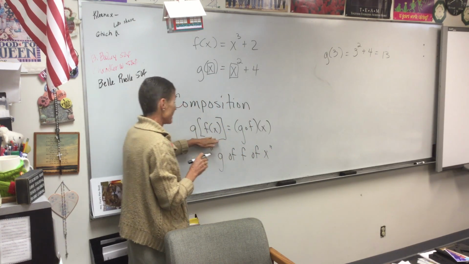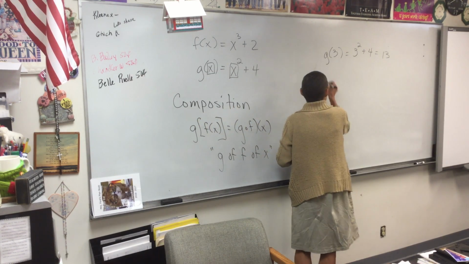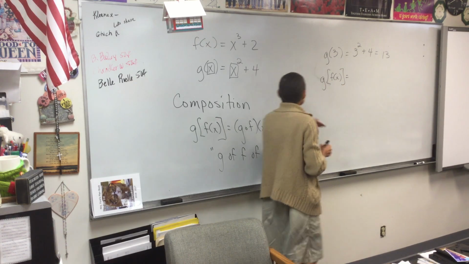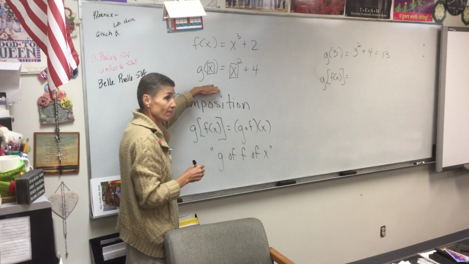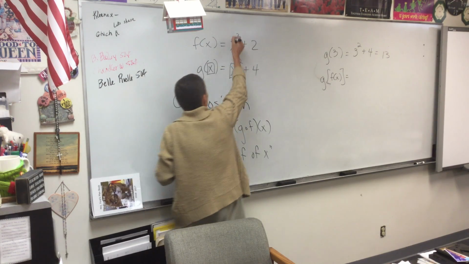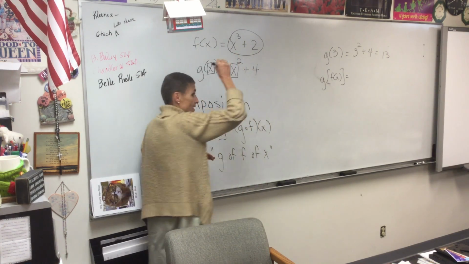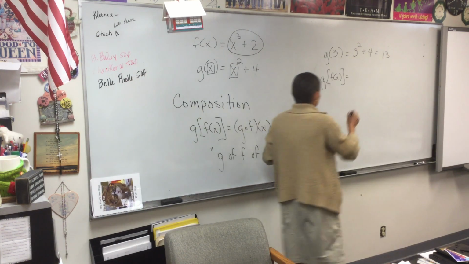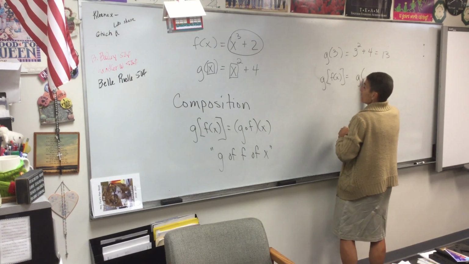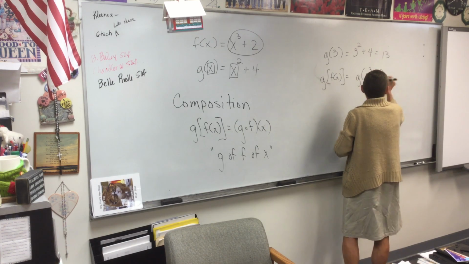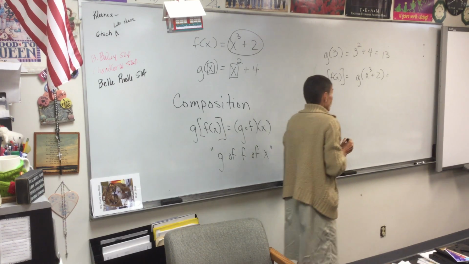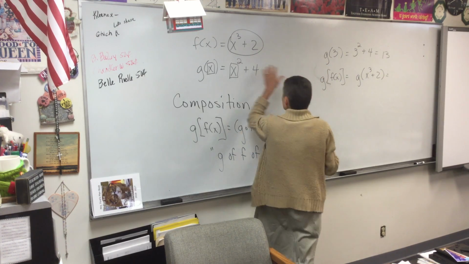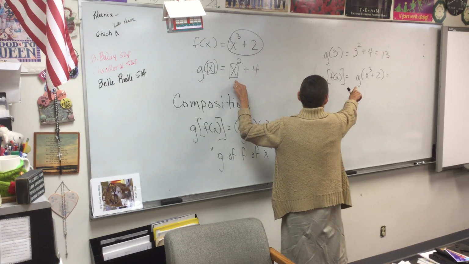So in this case, it says find g of f of x. That means you're going to take your g function and input f of x. So we're going to find g of x cubed plus 2, which means exactly what it meant when we found g of 3. Take out the x and put in whatever.